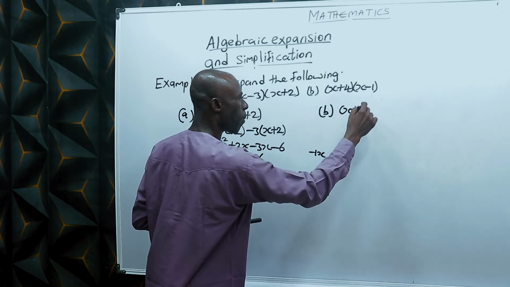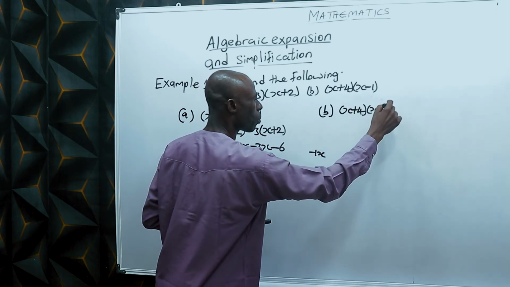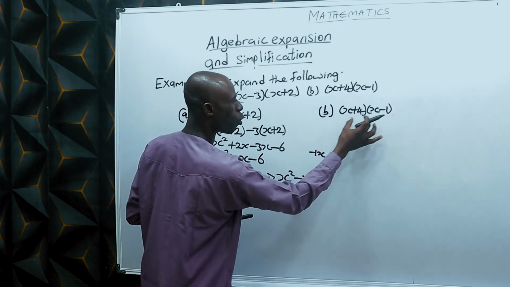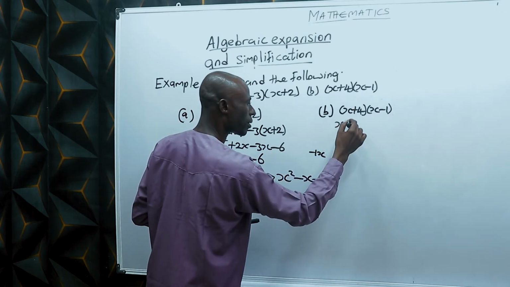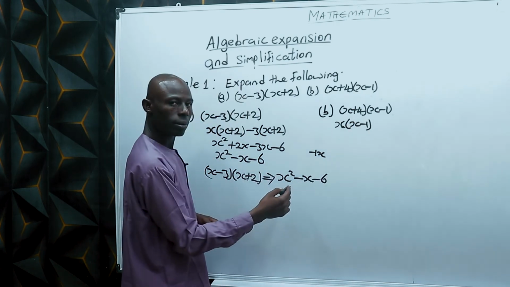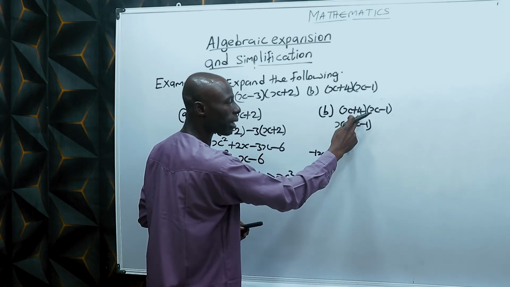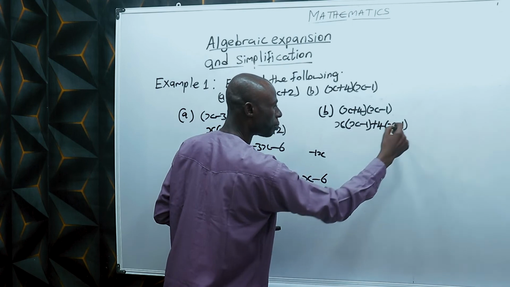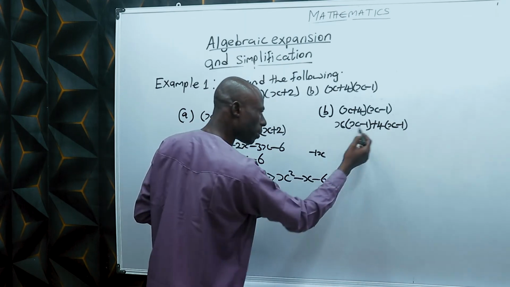X plus 4 into x minus 1. Using this bracket to open the other, you take x into x minus 1. The second element in this bracket, use it. That's plus 4 into x minus 1. Open the bracket.